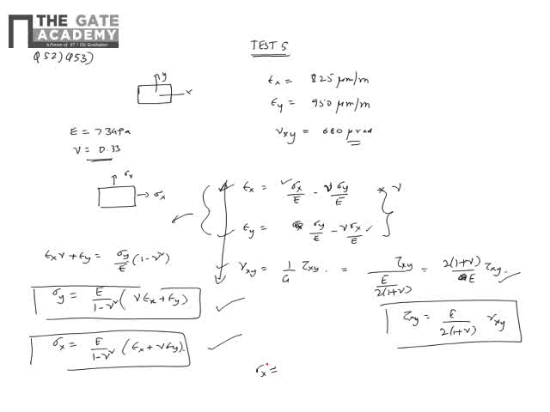If you plug in the values, sigma x would be, taking this equation, 73 GPa, so 73 into 10 power 9 by (1 minus 0.33 whole square), times (epsilon x, 825, plus nu, 0.33, times 950) into 10 power minus 6. If you just calculate, sigma x comes to be 93.267 MPa.